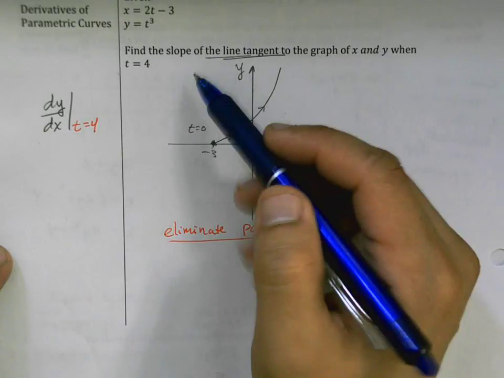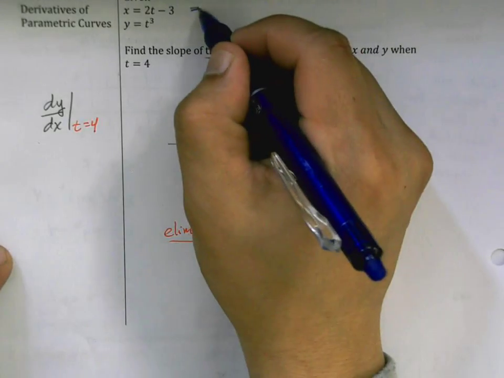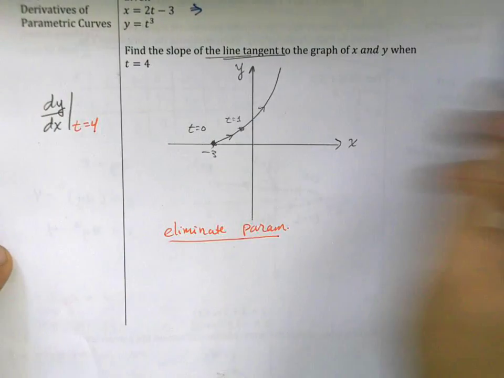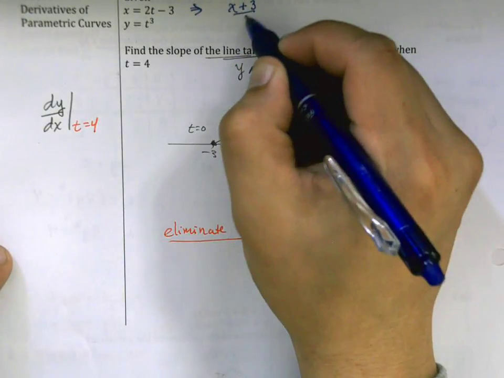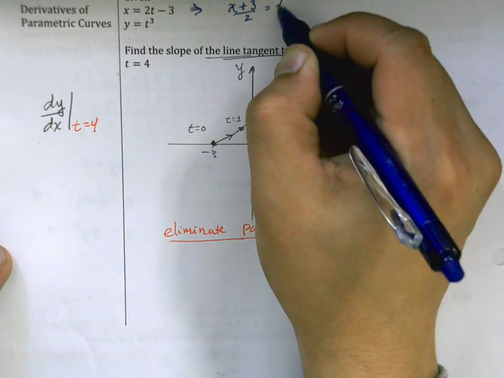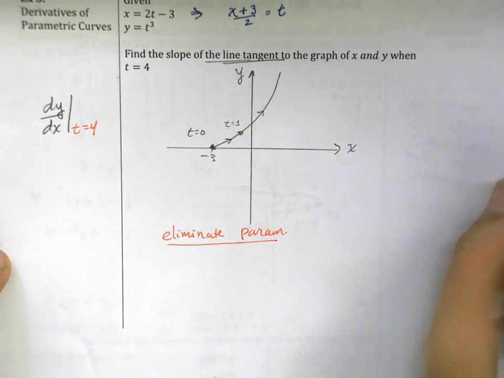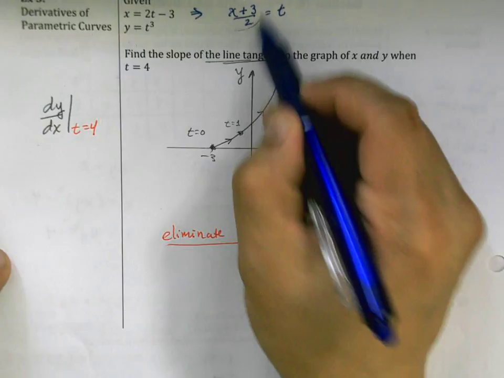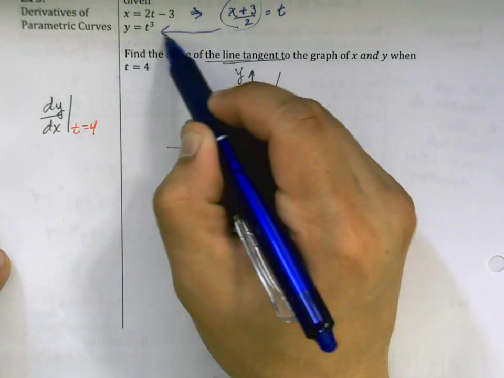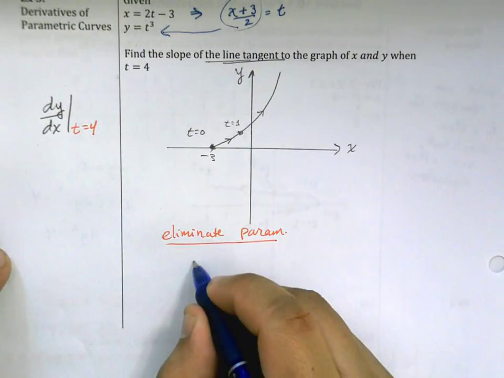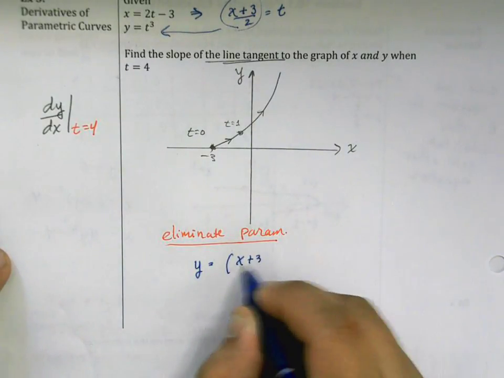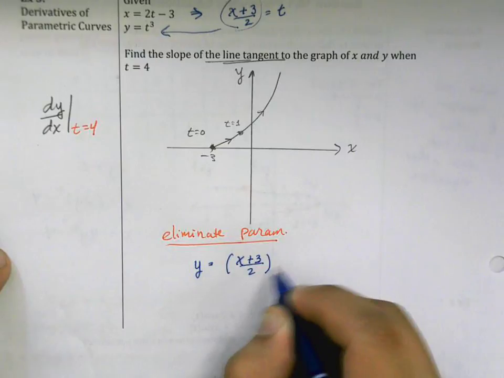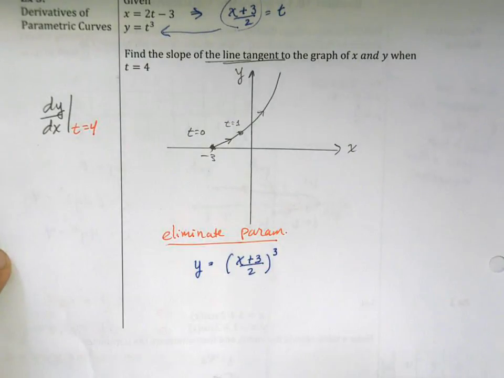So we're going to solve this first equation here. It isn't too difficult to solve. So (x plus 3) over 2 is equal to t. Right? And then we're going to take this result right here, and substitute it in for t. So what I end up getting is y equals ((x plus 3) over 2) to the third power.